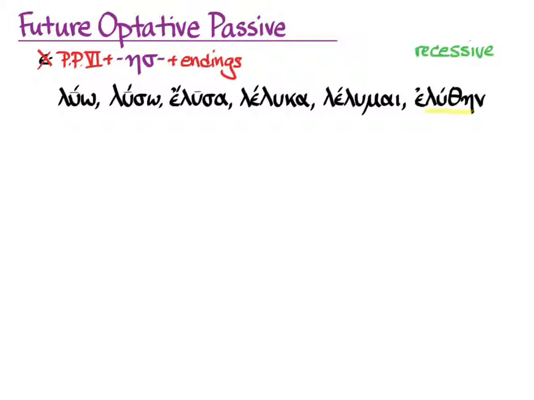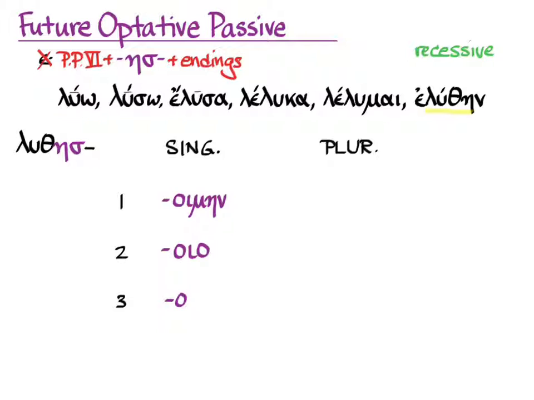We'll take the unaugmented stem from that and add the thes infix, the extra syllable, and then we'll add these endings. Again, the same endings you saw for the future optative middle and for the present optative middle and passive: oimen, oio, oito, oimetha, oisthe, ointo.